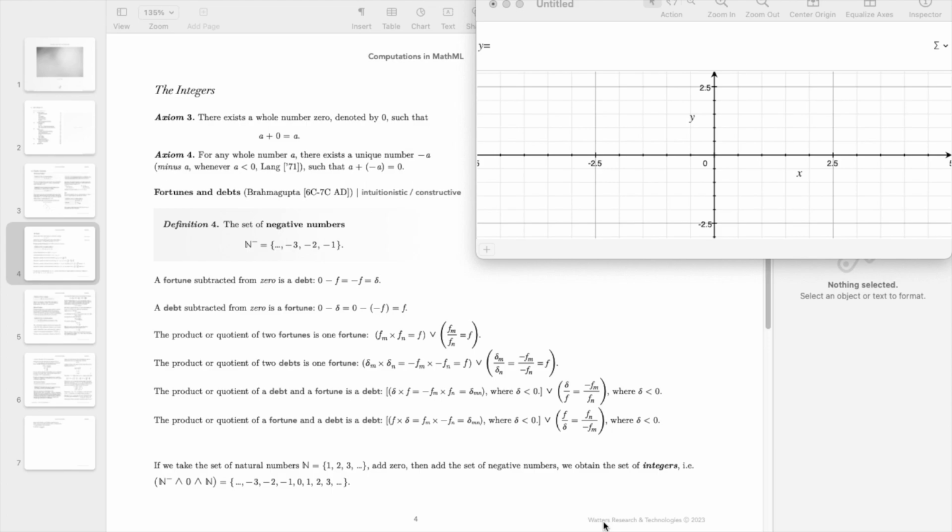And then finally, as previously established, 0 minus a debt, or a negative value, yields a profit or a positive value.